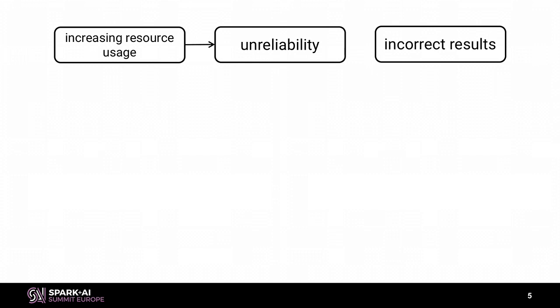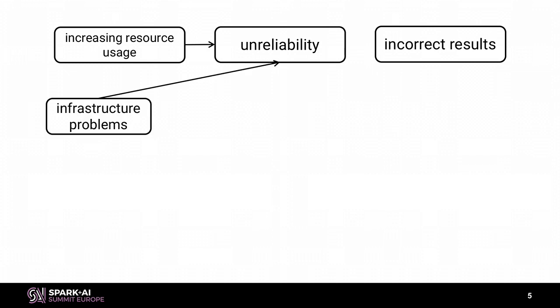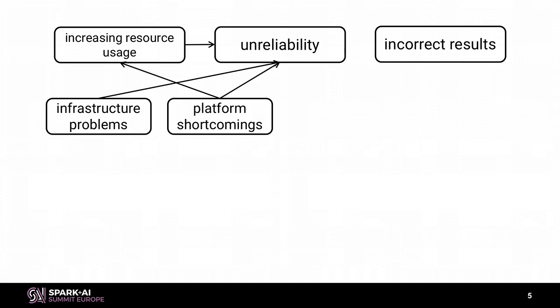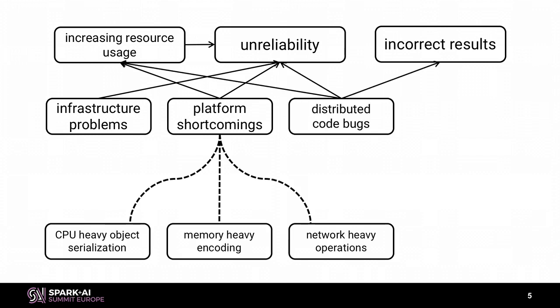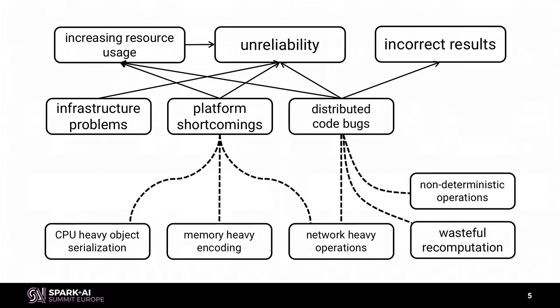So we had to stop and think about the source of these problems, and we figured out that there were a lot of infrastructure problems, code bugs, even in our business logic, or distributed code bugs like unperformant code that is very heavy on shuffles. But we found out that we had a lot of short-lived objects living in memory, a lot of very heavy GC cycles, and all of this stuff together.